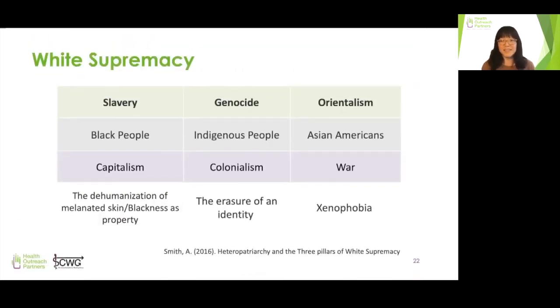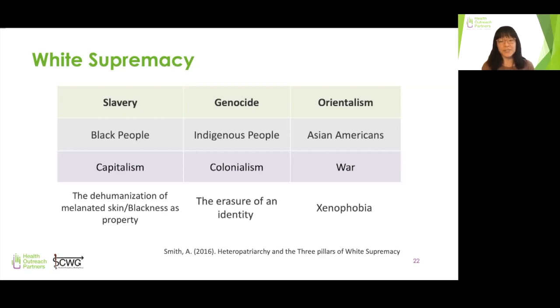And as you can understand, in all of these topics that we're covering, when we look at the different structures that we mentioned, and with something like white supremacy, there are a lot of nuances and distinctions. So we don't have the time to really delve into that further today.